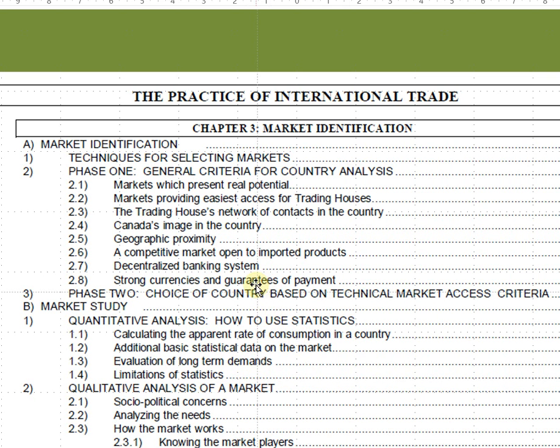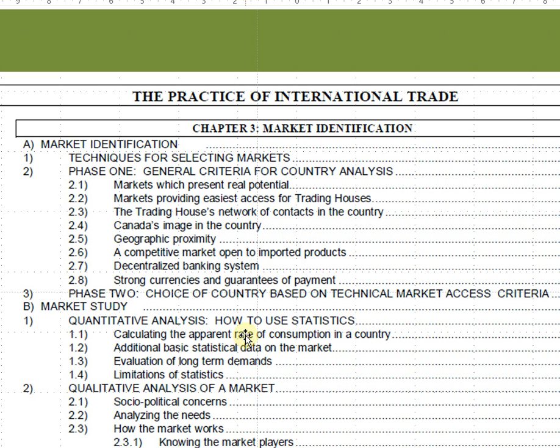Anyway, the content: chapter 3 is dealing with market definition. Okay, market definition is composed of a range of subsidiary content and titles.